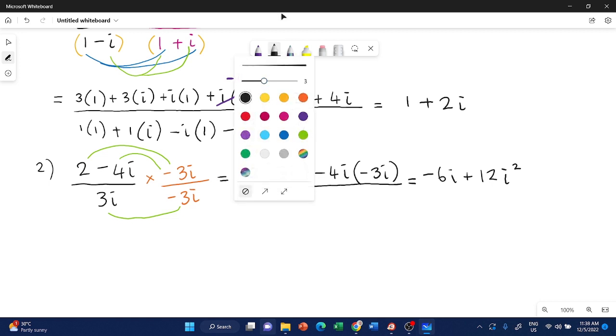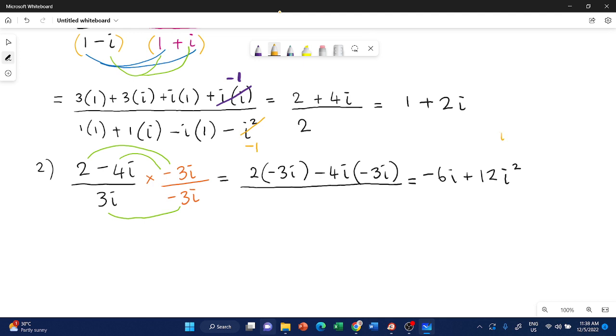Okay, then let's see. Is i squared equal to negative 1? So i squared is equal to negative 1. So that means we have 12 times negative 1. So here will be changed to negative 12.